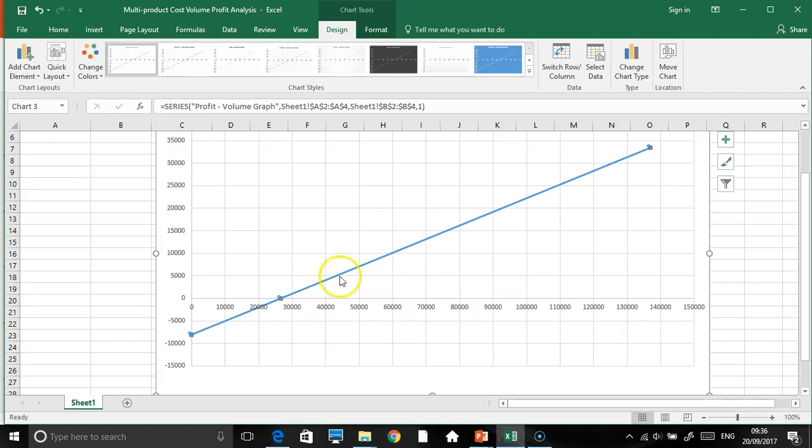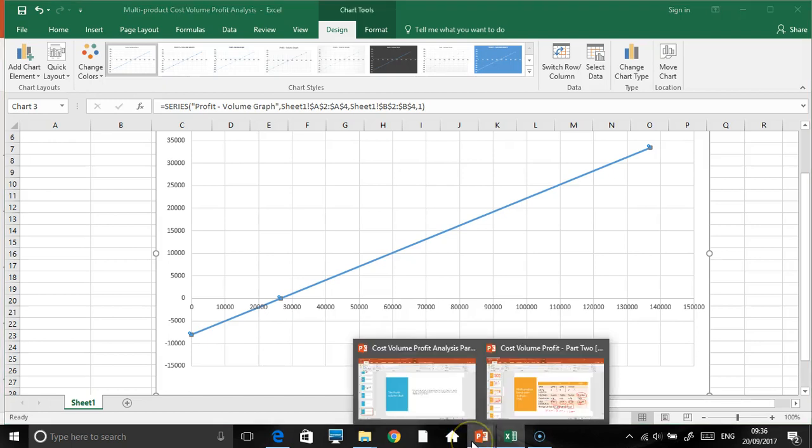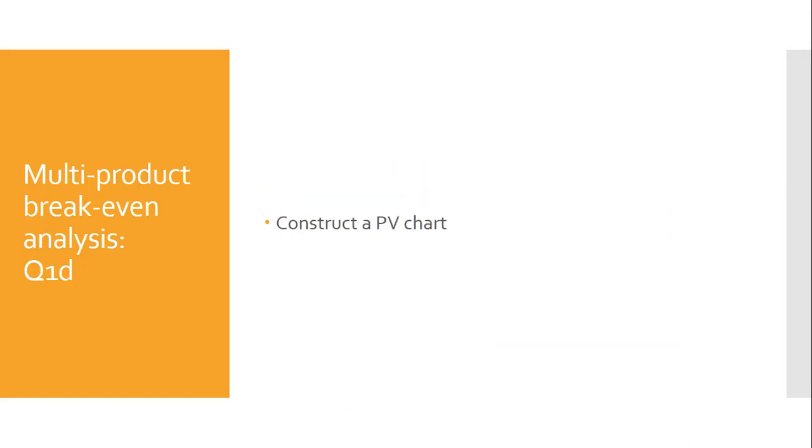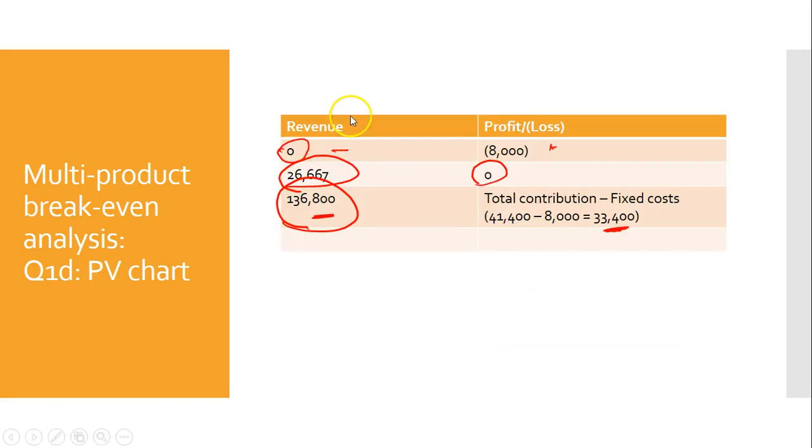So this is my profit volume chart, where this is revenue and this is my profit. That's how you prepare your PV chart. You can just draw it, going back to the little table I've drawn to show the relationship between revenue and profit, and plot those figures next to each other.